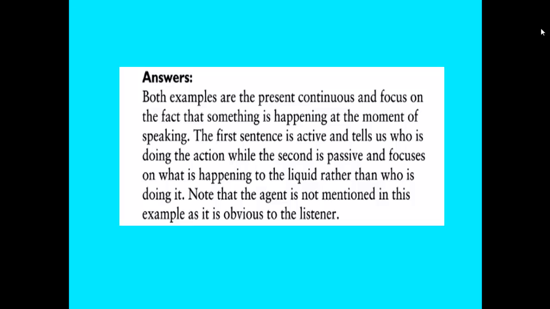The first sentence is active and tells us who is doing the action, while the second is passive and focuses on what's happening to the liquid rather than who is doing it. Note that the agent is not mentioned in this example as it's obvious to the listener.